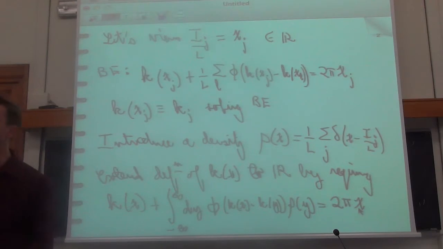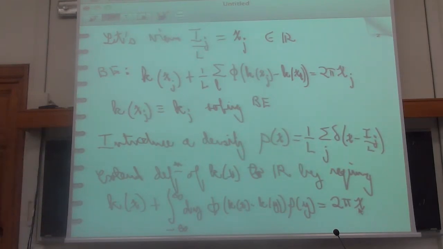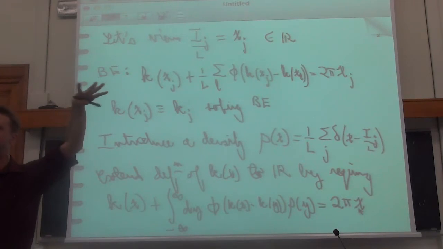Okay, so we've done a conceptual step here because we have started with a set of quantum numbers, ij. We have imagined that we have solutions to Bethe equations that give us the kj. We have defined the points of a function k of x only at these isolated points.